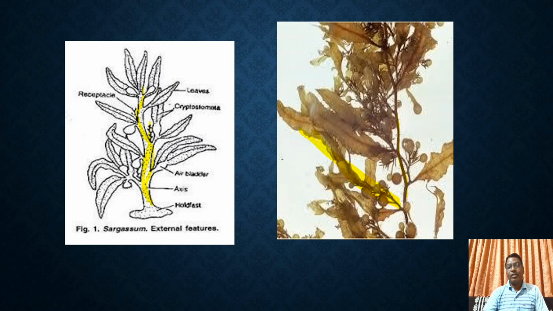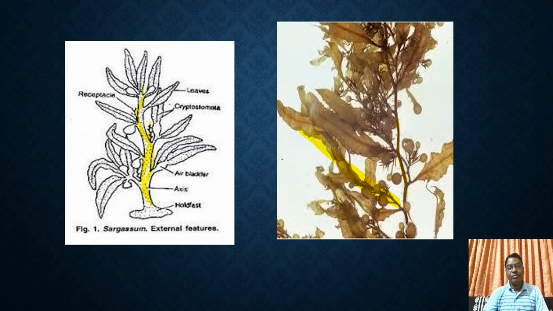Now the second type of branches that are produced are secondary laterals. These secondary laterals are also called leafy appendages or leaf-like structures. Some refer to it as a frond. These are structures which show limited growth.